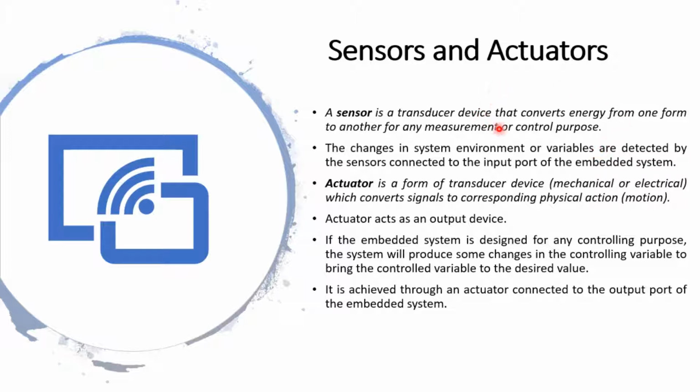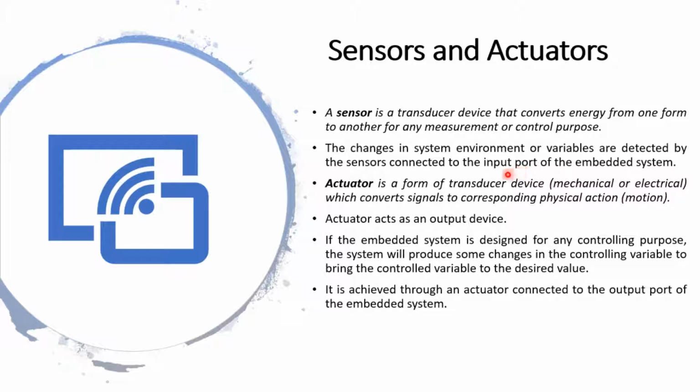So sensor is going to sense a real world data that will be converted into required energy form, and that energy will be used to either monitor the condition or use that value to control certain variables or conditions. So basically sensors are used to detect changes in real-time system environment.